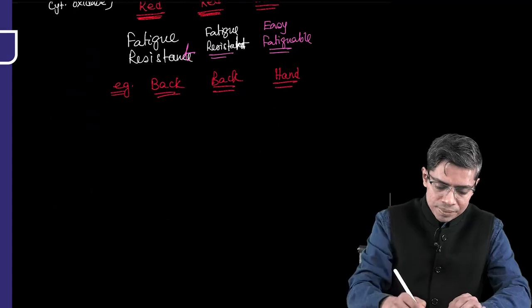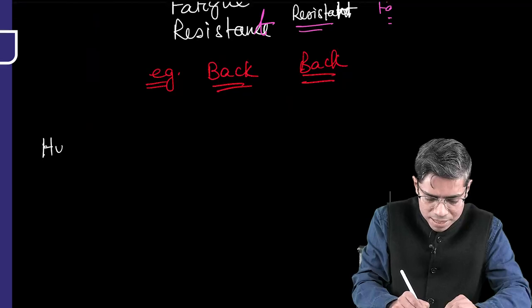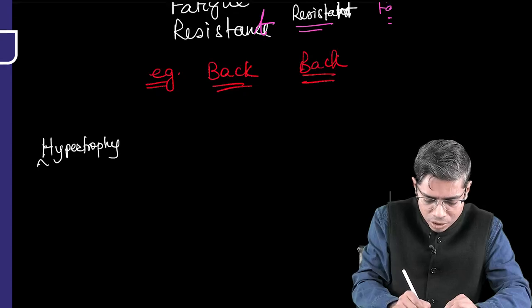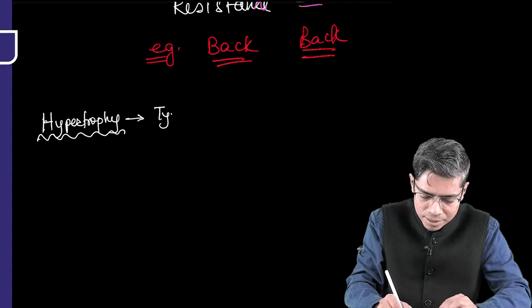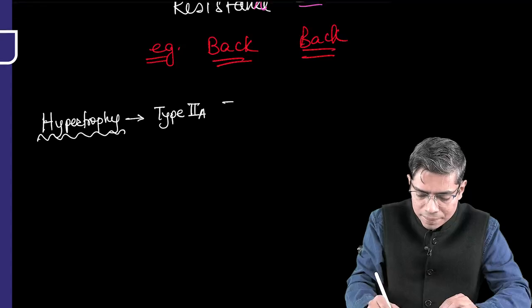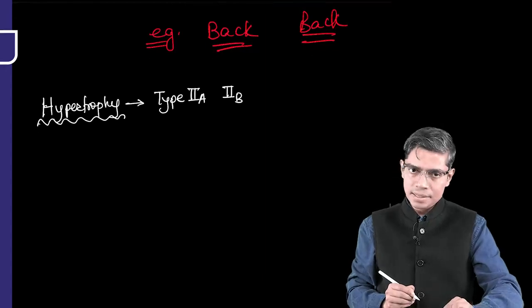So please note down that Ganong is saying that whenever you are doing exercise regularly, there will be hypertrophy of the muscle. In hypertrophy, which type of muscle fiber is predominantly going to be affected? Type 2A and type 2B muscle fiber is going to be affected mainly, right?